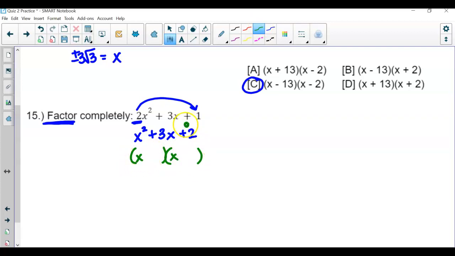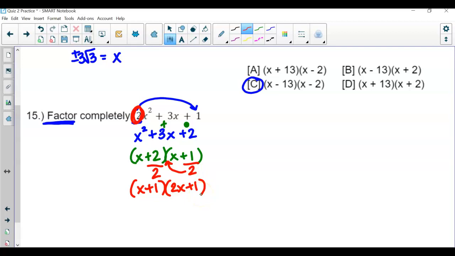What numbers multiply to get you 2 and add to get you 3. 2 and 1. 2 times 1 is 2. 3 plus 1 is 3. But is this our final answer? No, right? Because remember, with bottoms up, what that A value is that you multiply by, make sure now to divide. So this becomes x plus 1 times, remember, right? Bottoms up, 2x plus 1.